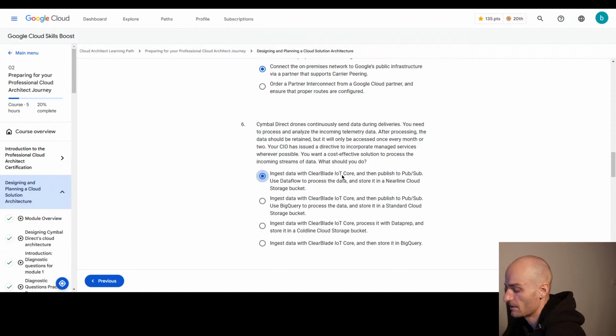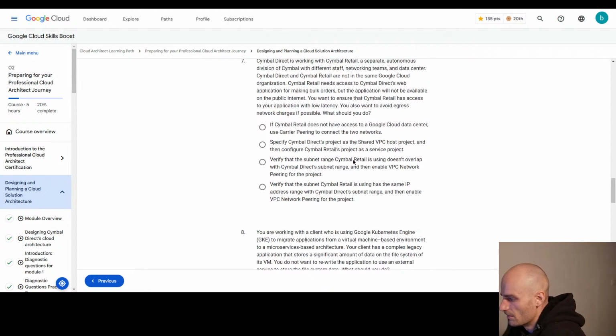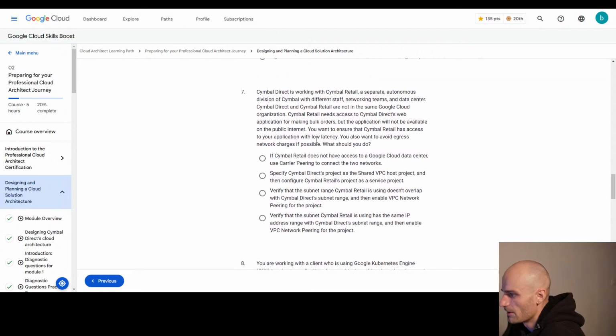Okay, so it looks like the only one remaining as a good one. Simple Direct is working on Simple Retail. Okay, so as they're not in the same workload organization, they cannot use the shared VPN. Verify the subnet.